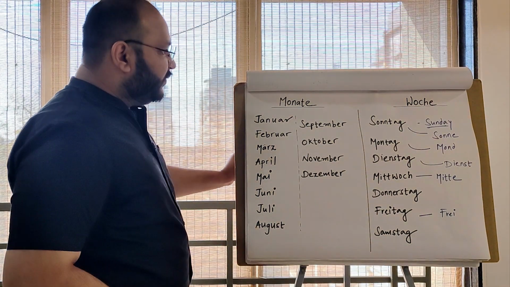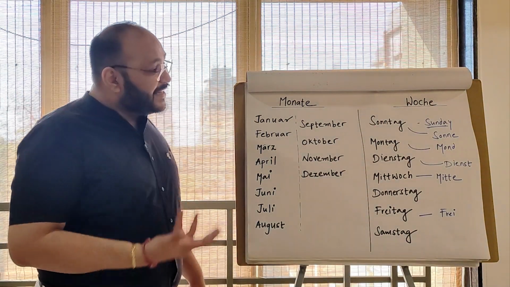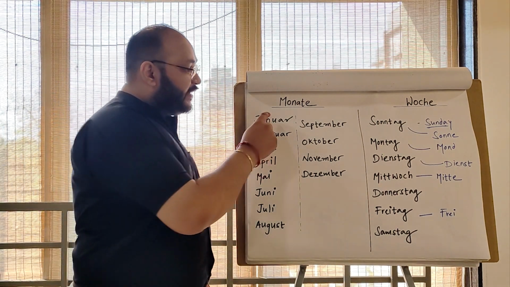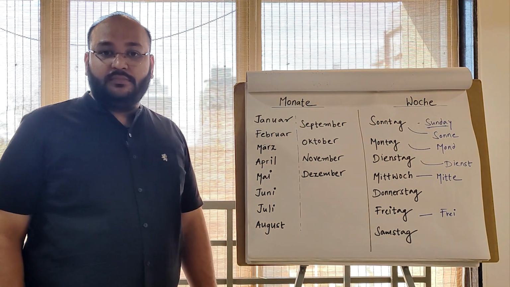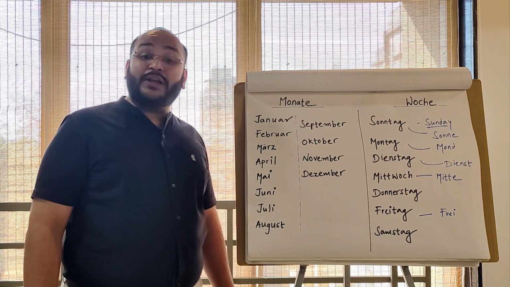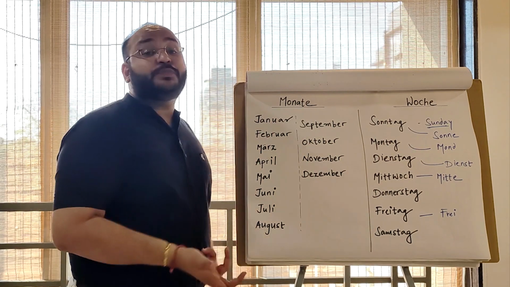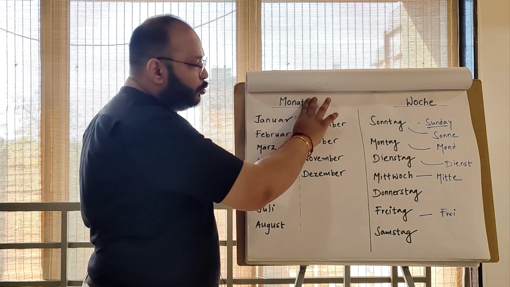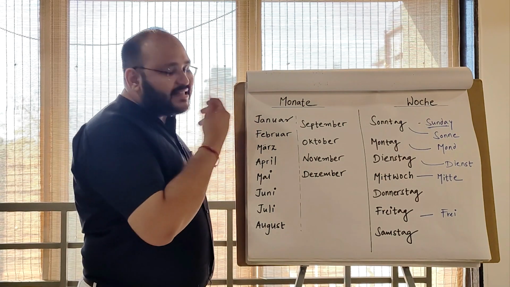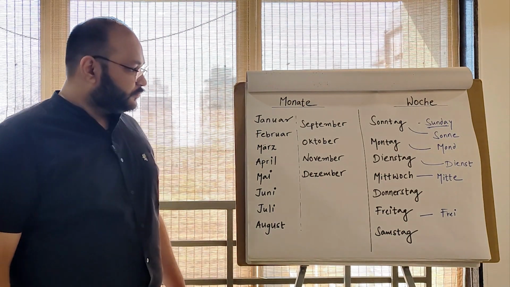While we are at it, let's learn months and days as well. Can you try to read it? Correct. It's Monate. Monate means months, plural. If I remove E, Monat, month, singular. Let's learn them.